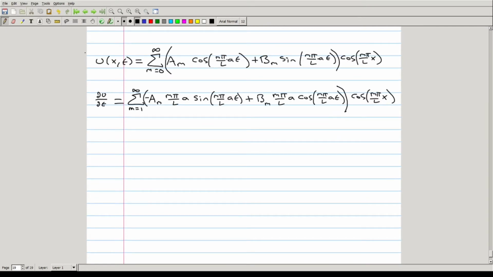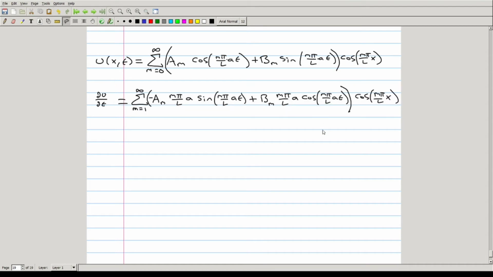This is the general expression for the time derivative of this general solution using term-by-term differentiation.